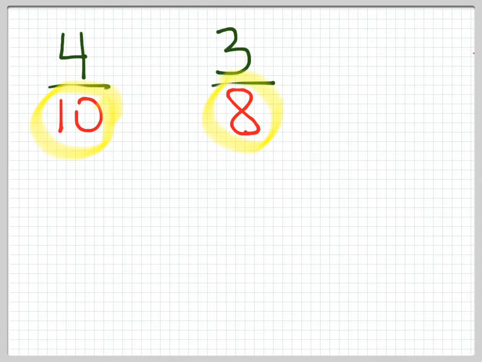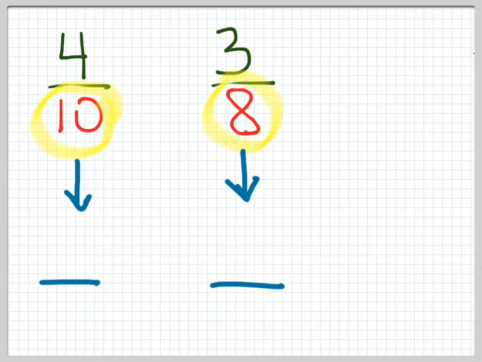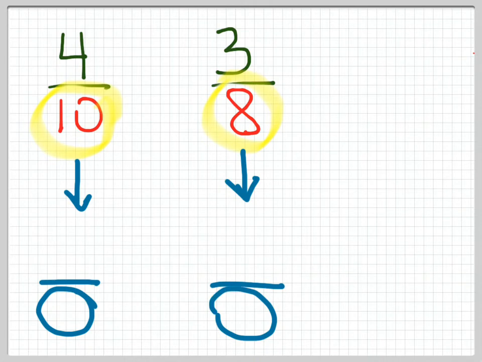The way we're going to do that is we're going to try to turn them into fractions that have the same denominators. So I'm going to try to make them both have the same number here in the denominator. We've already learned how to turn 4/10 into a whole bunch of other fractions, and you can do that by timesing the top and bottom by the same number.